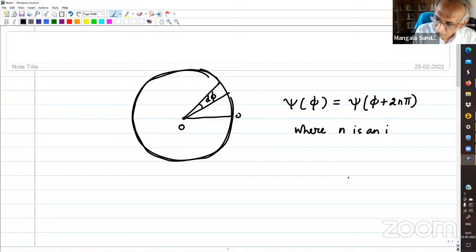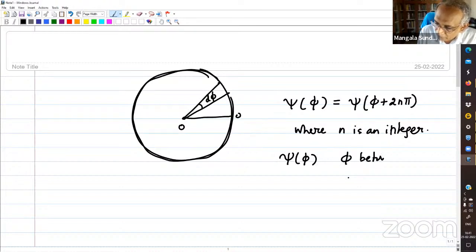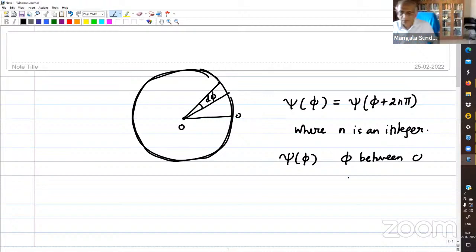Therefore, the unique wave function is defined only for phi between 0 and 2 pi.